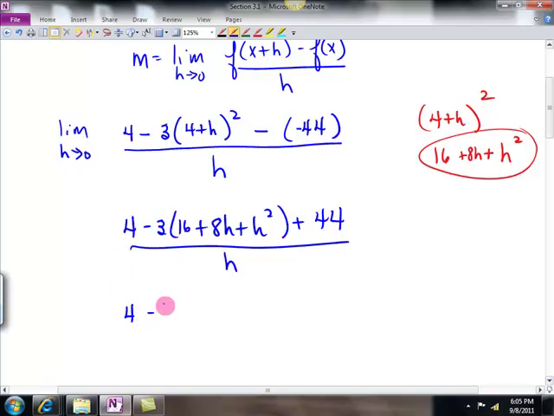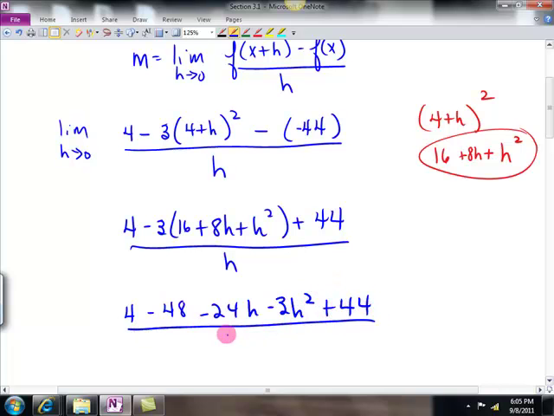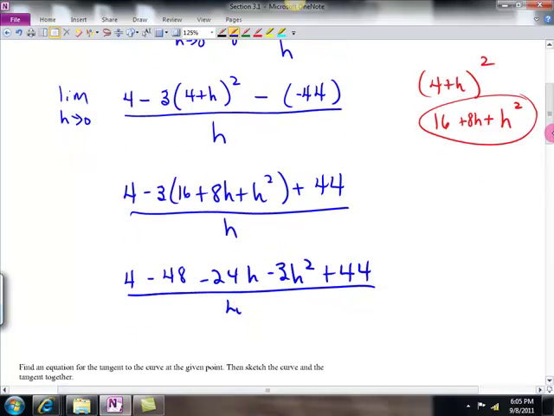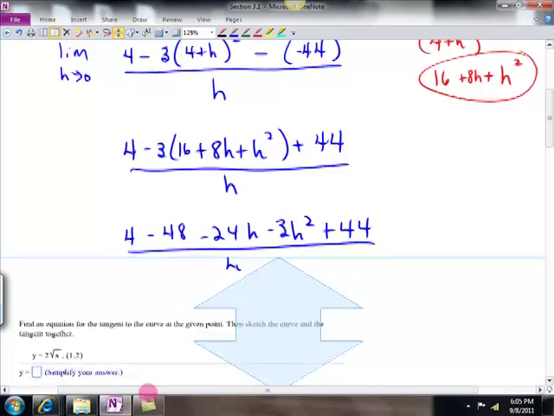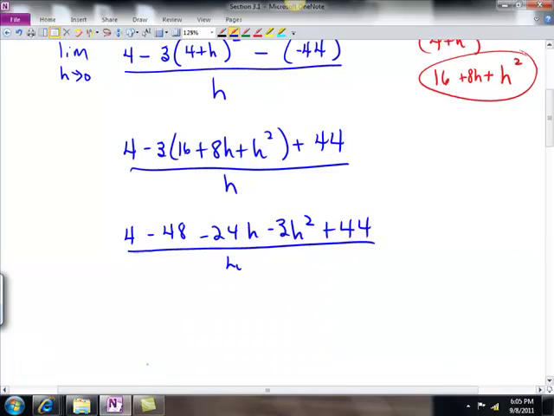Clean this up a little bit. Okay, so we've got a negative 48 and 48, is that going away?